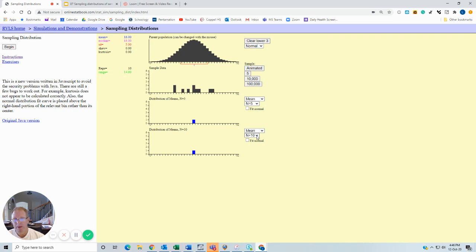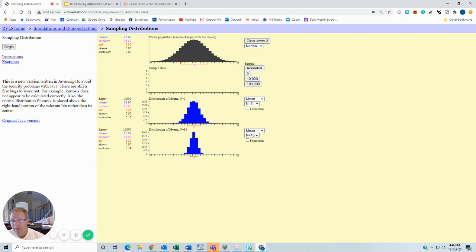So I'm going to do this again, but I'm going to do it many times. I'm going to change this to 16. So here we go. I'm going to select 10,000 samples from our parent population. In the second to the bottom graph right here, I have a sampling distribution of sample means.